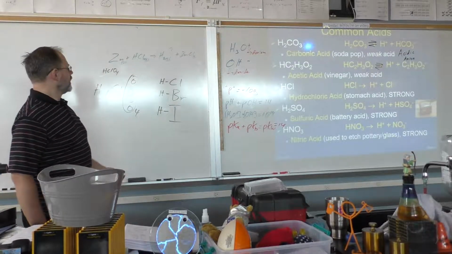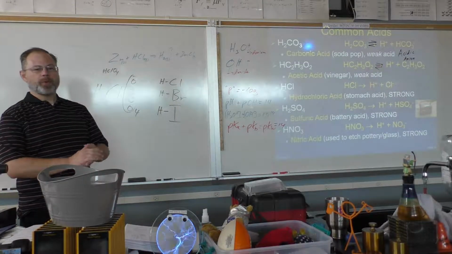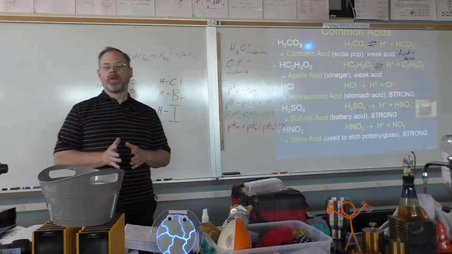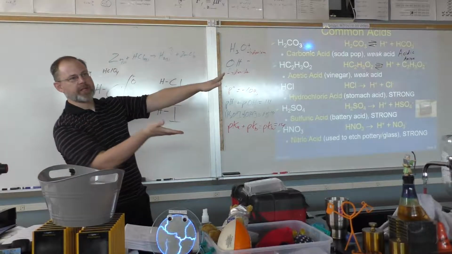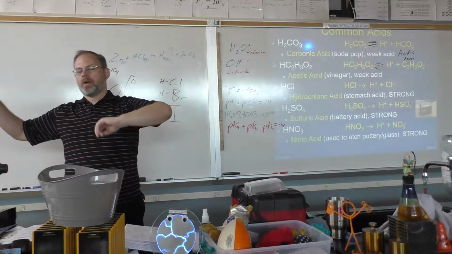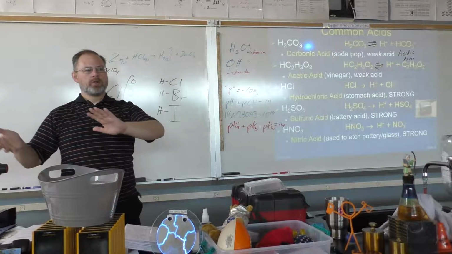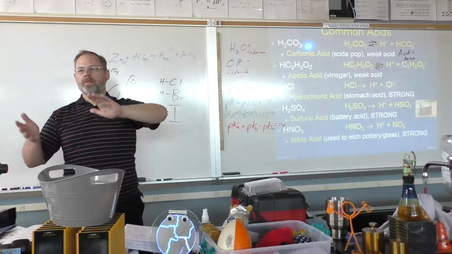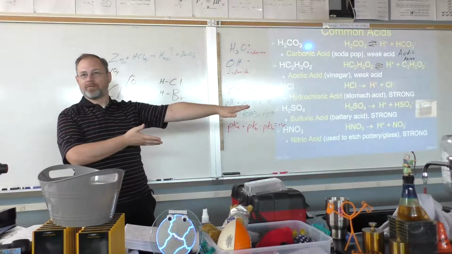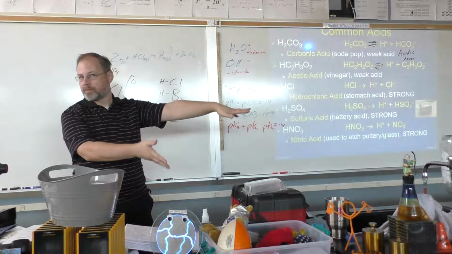Yeah, so again, the College Board says there are 6 strong acids, and we just assume a strong acid dissociates completely. But here's the weird thing. According to the rules we know and are learning, there are stronger strong acids.